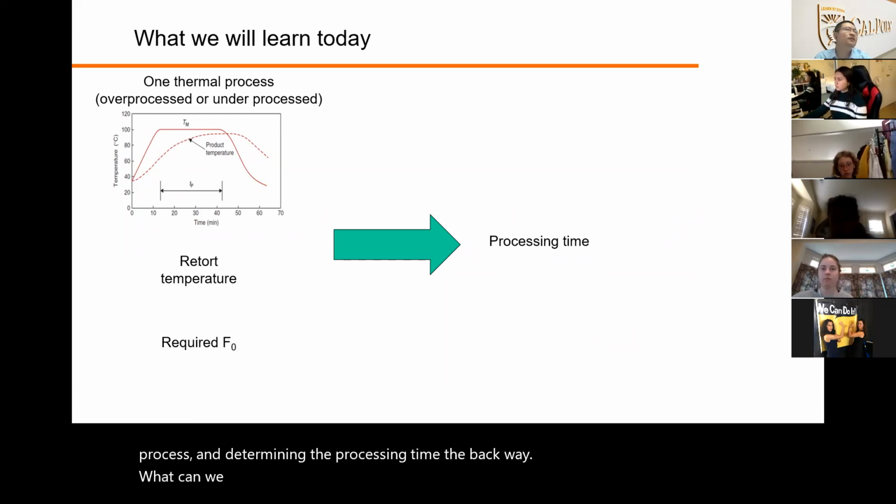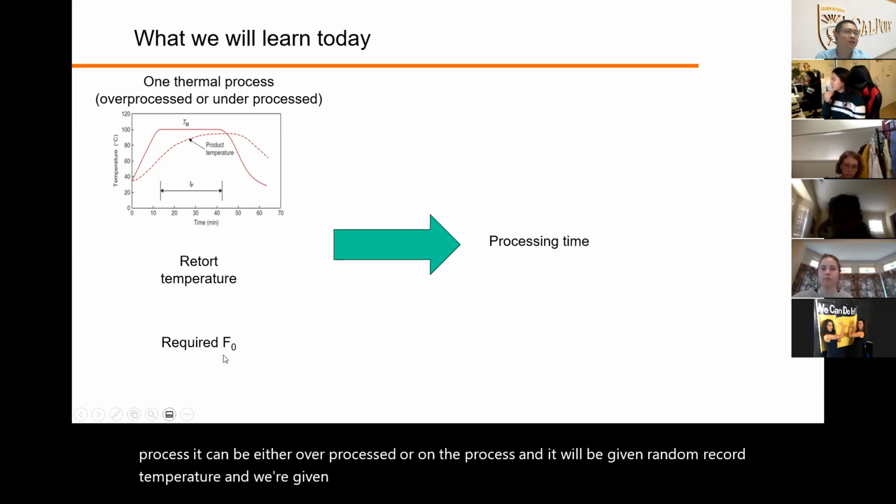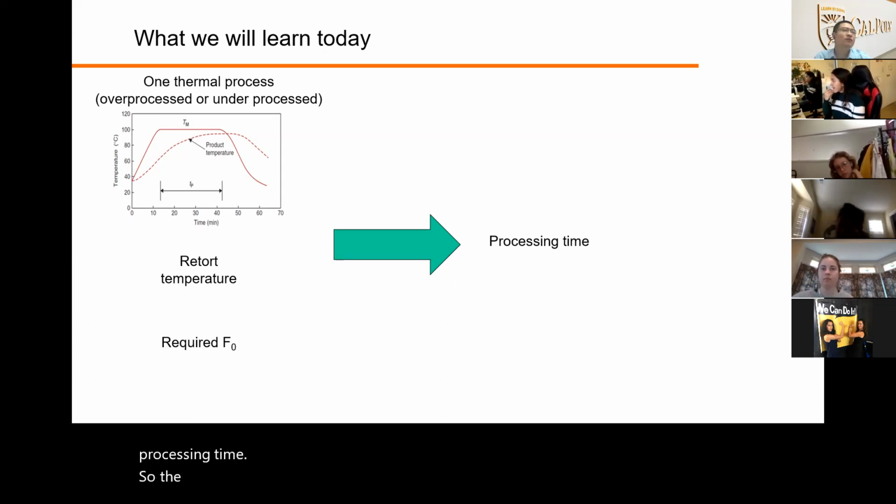So in that case, what we will learn today is that if we are given one thermal process, which can be either over processed or under processed, given a random retort temperature, and we are given our required F0 value, our goal is to determine the processing time. So the backwards way is much more complicated, okay?